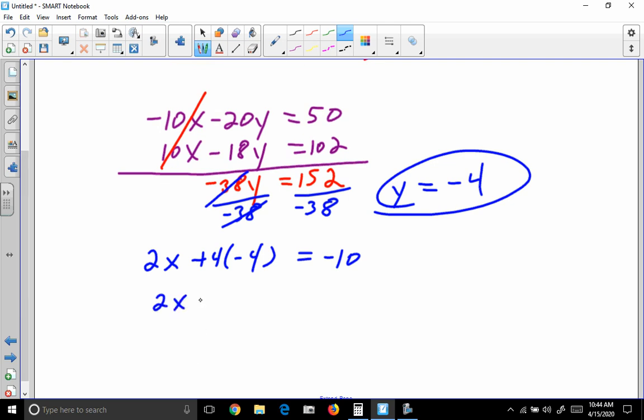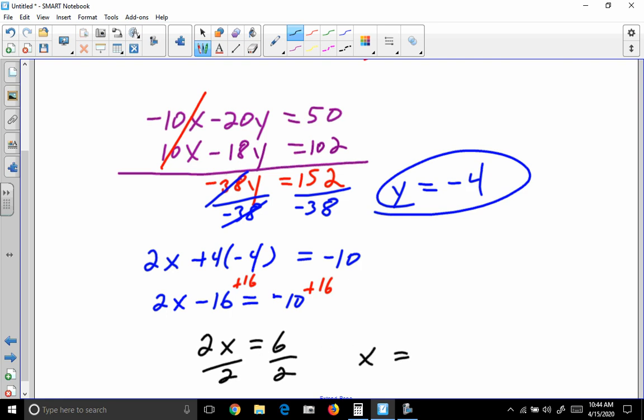So we have 2x, 4 times -4 is -16. Add 16 to both sides. Those cancel, so we have 2x equals 6. Divide both sides by 2, and we get x equals 3.